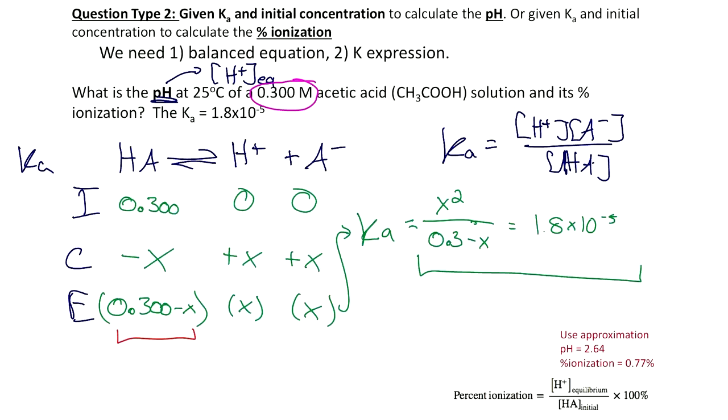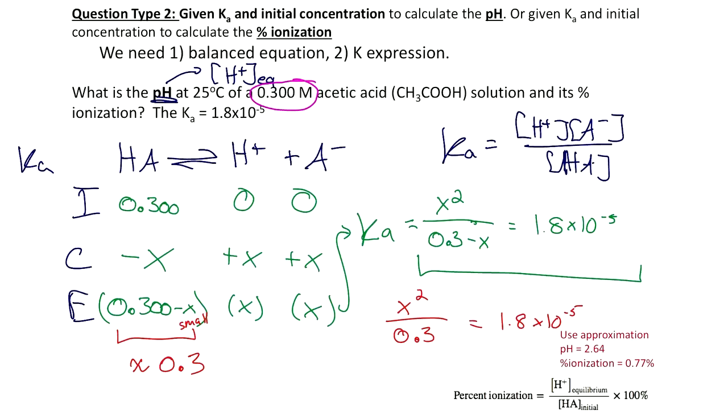That 0.3 minus x is basically just equal to 0.3, because minus x is going to be really small. So we can simplify this as x squared over 0.3 equals 1.8 times 10 to the negative 5. Does that require the quadratic?